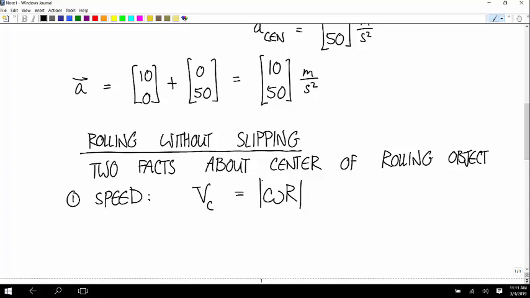That's the same formula that we use to calculate the speed of a point in circular motion, right? This is a little different, but if you assume that somehow those two things are related, since they're the same formula, it's true. I'm not going through the derivation of how you know that the speed of the center of a wheel or a ball or whatever is that, but the derivation uses the fact that when you calculate the speed of a point going in circular motion, you use that formula.